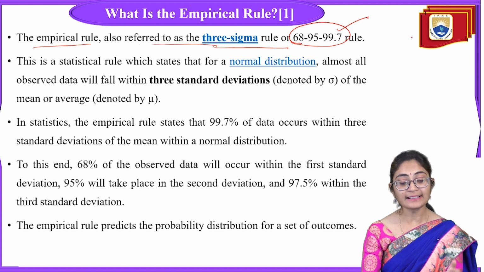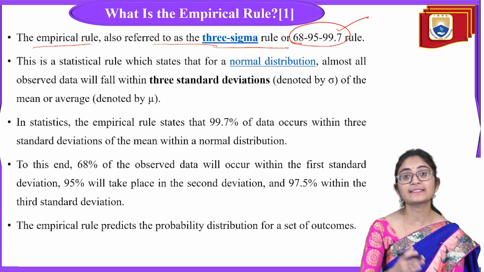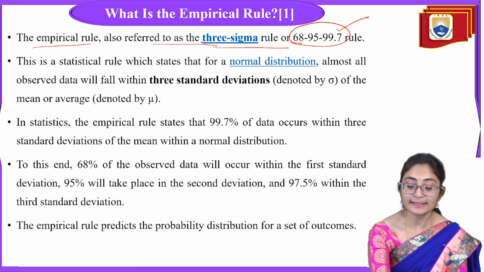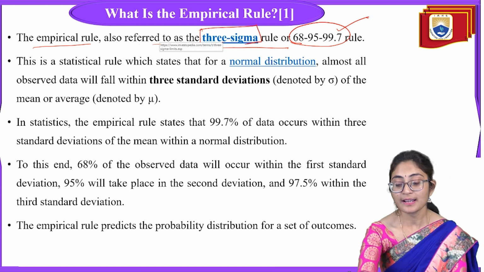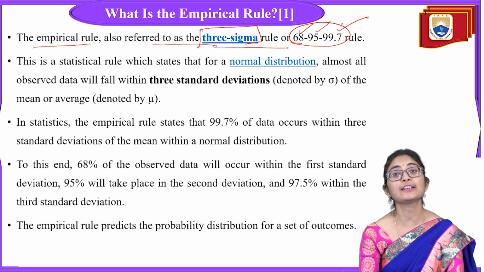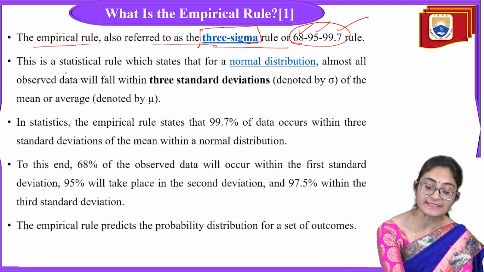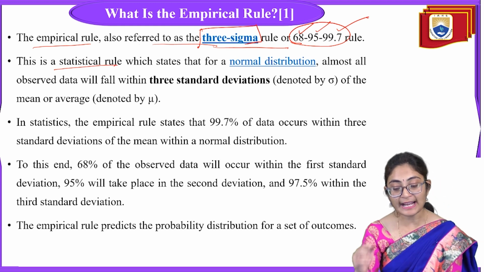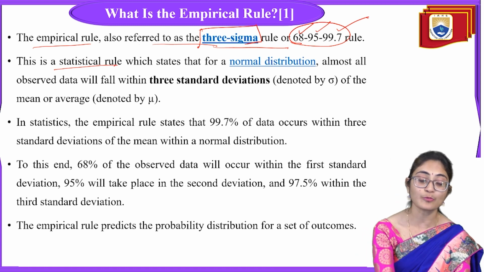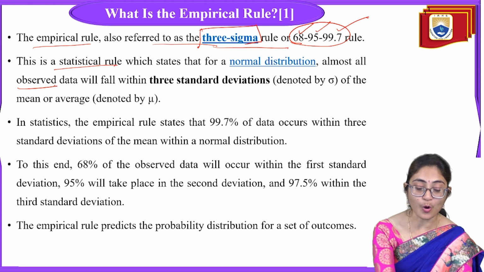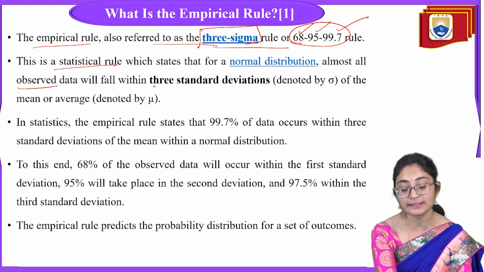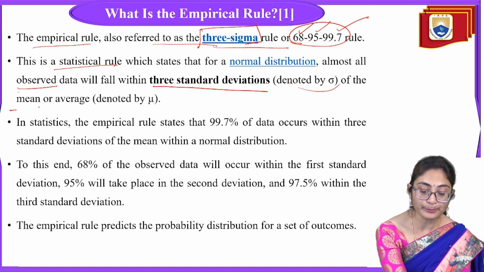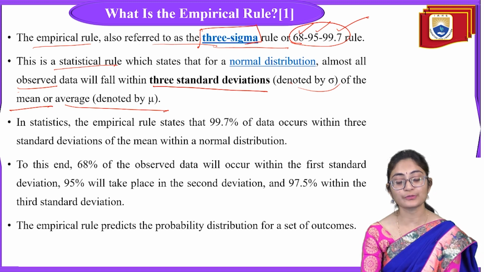This empirical rule is related to statistics, and it contains the 3 sigma, which are 68, 95 and 99.7. This is a statistical rule where normal distributions are very important, and a normal distribution contains some observed data, and all this observed data will fall within 3 standard deviations. The standard deviation is mostly denoted by sigma, and the mean or average is denoted by mu.